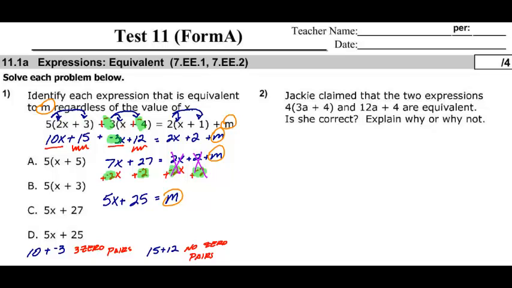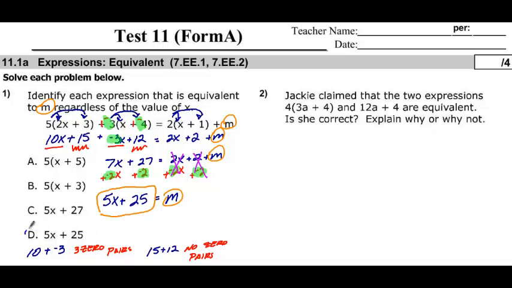So the last step on this problem is to look at the answer choices and see which ones fit. So my answer right here is, what's equal to m? 5x plus 25 is equal to m.